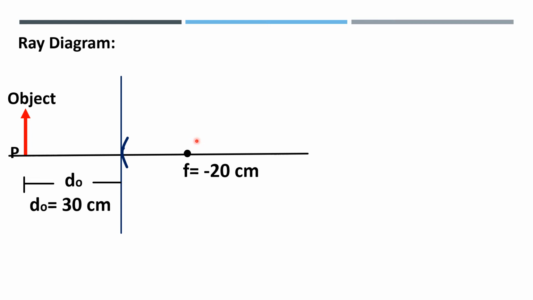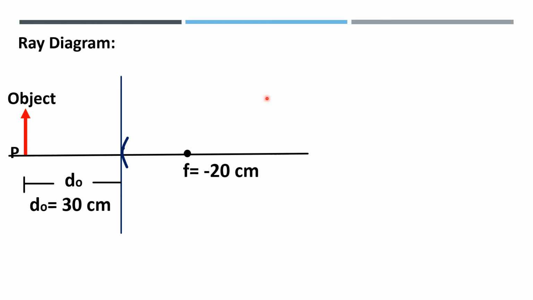This is how the reflected ray will behave. It's going to reflect in that direction. In short, we have a diverging reflected ray, and if we extend this reflected ray backward behind the mirror, it appears to come from the focus.